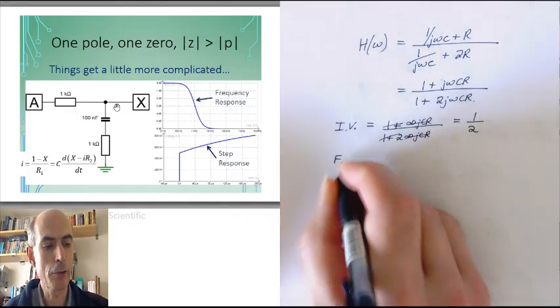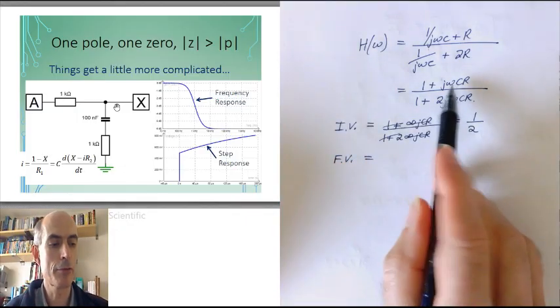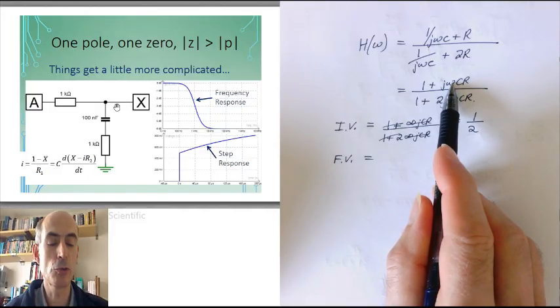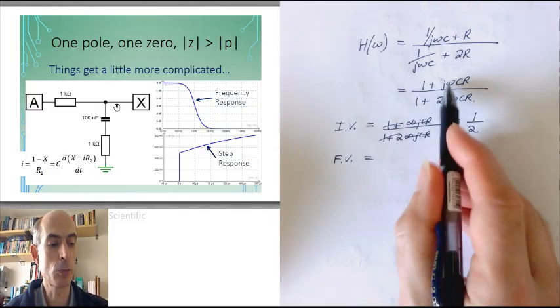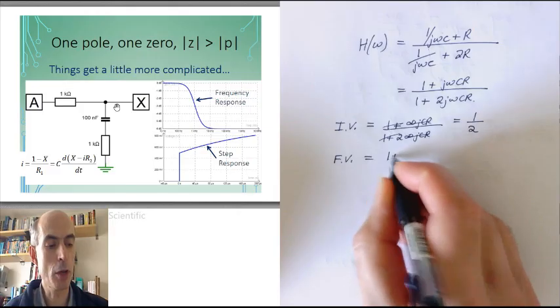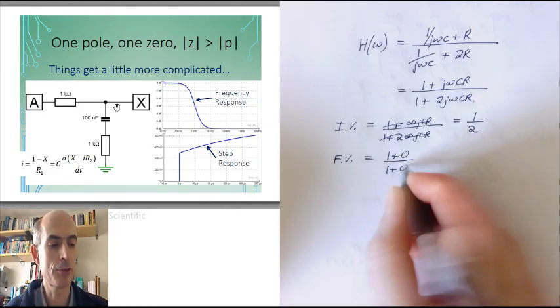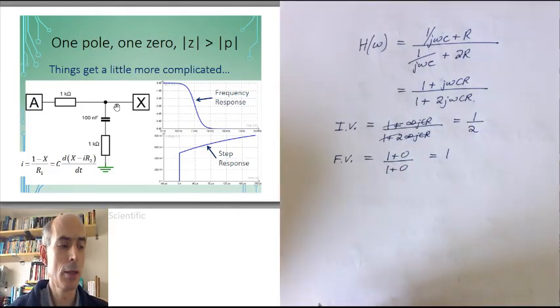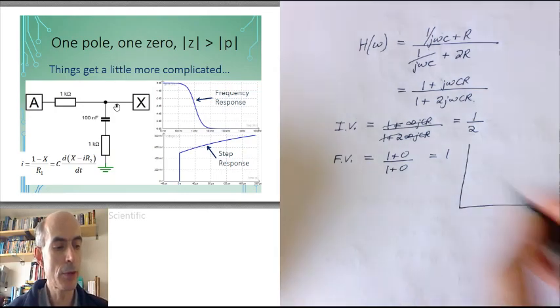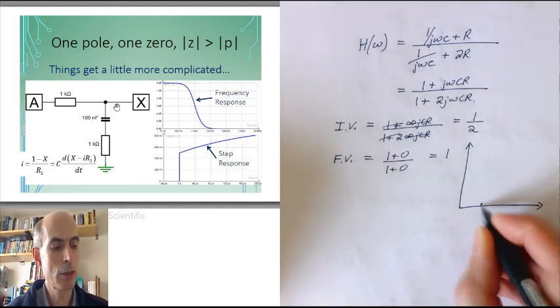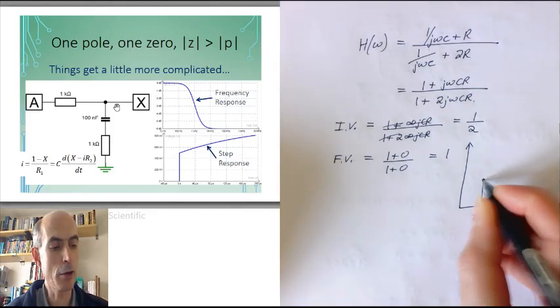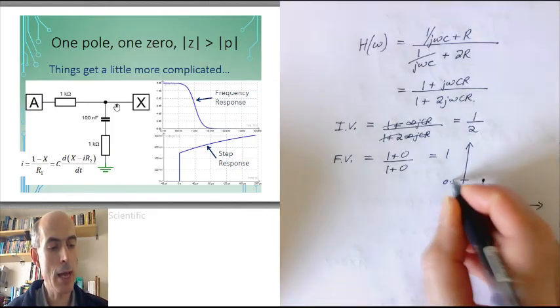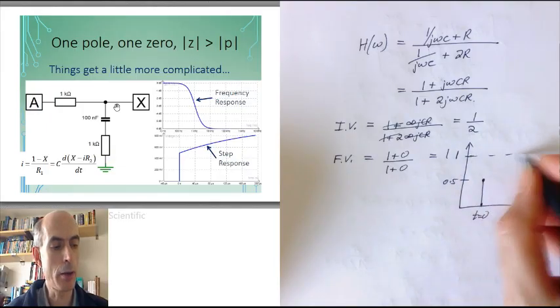The final value is the value of the frequency response when omega equals 0. And when omega equals 0, we just end up with 1 plus 0 over 1 plus 0, which is 1. So we already know that our step response is going to start off at a value of a half, and is going to end up at a value of 1.